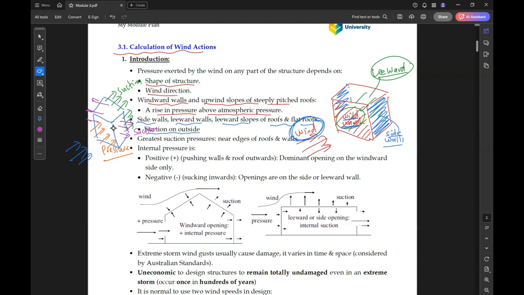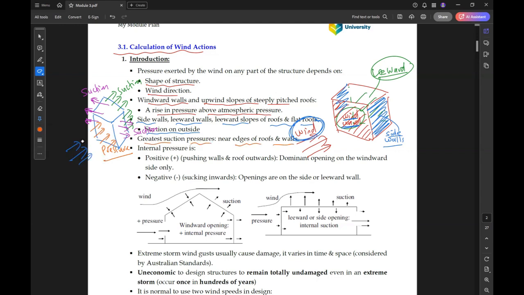So we have some walls under suction, some walls under pressure. Pressure means the force acting onto the wall. Suction means the forces or the pressures come out of the wall. Okay. The greatest suction pressure is near edges of roof and the wall.